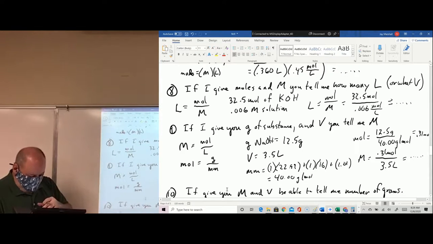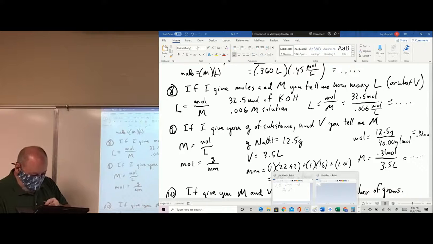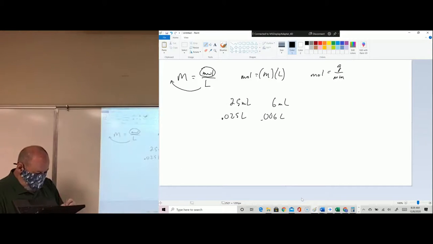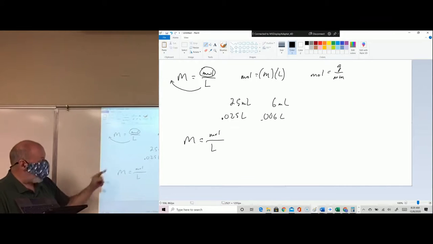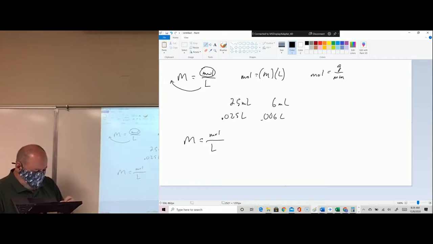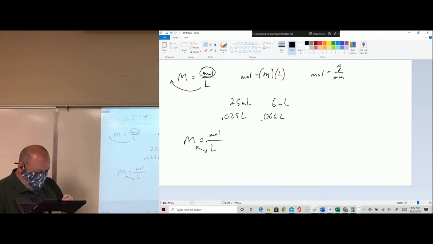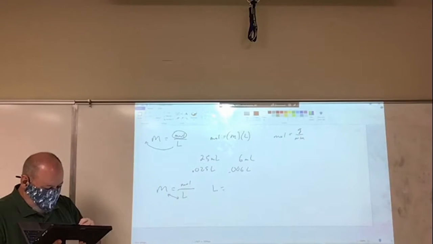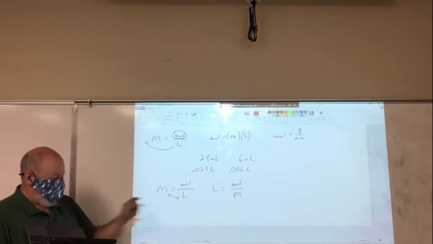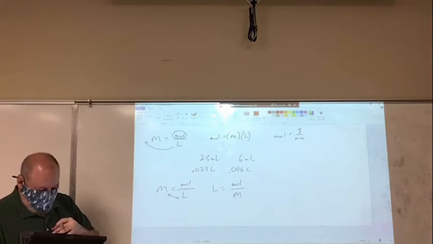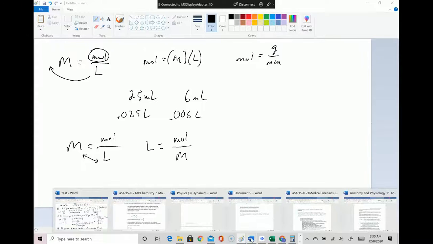I have to be able to change my molarity formula. Molarity equals moles per liters. I have to be able to change this formula into one that isolates for liters. And again, remember my trick. All I have to do is just switch those, and I get liters equals moles divided by molarity. Okay? And I'll need you to be able to do that.